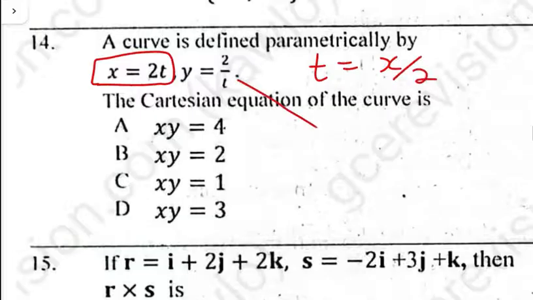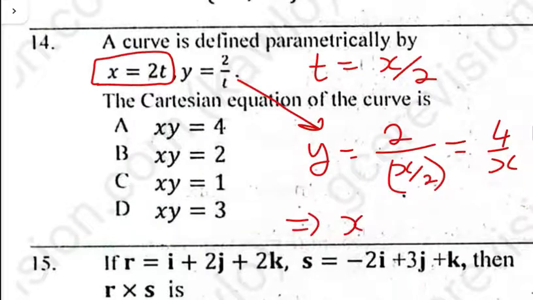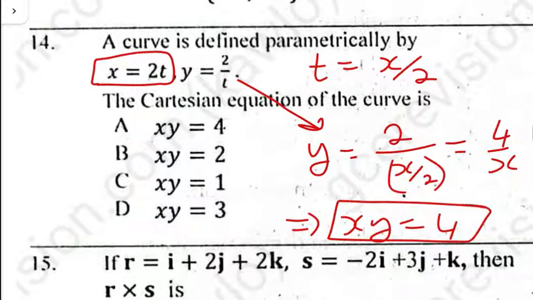We now substitute in this one. We'll have y equal to 2 divided by x on 2. So that's going to give us 4 on x. So multiply both sides by x, we'll have xy equal to 4. So our key is A.